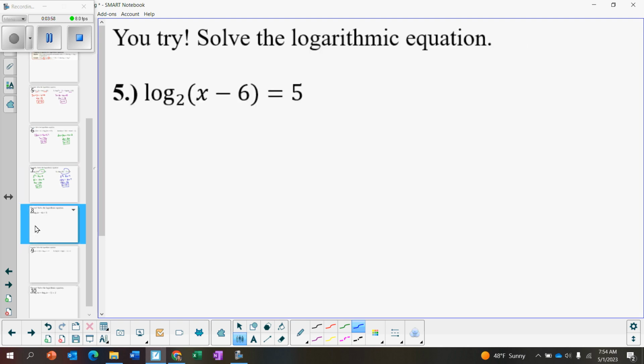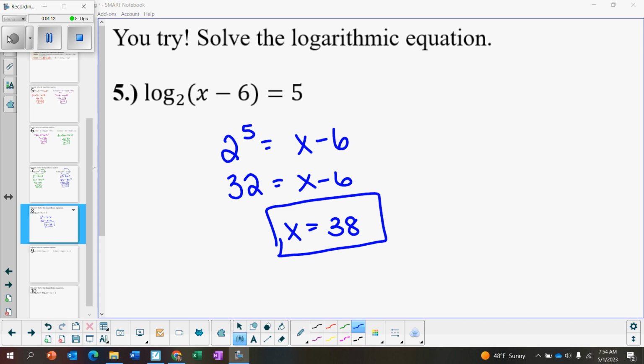So you go ahead and try this one, pause when you're ready to see the answer, hit play. So we get 2 to the 5th equals x minus 6, or 32 equals x minus 6, and we get x is 38.